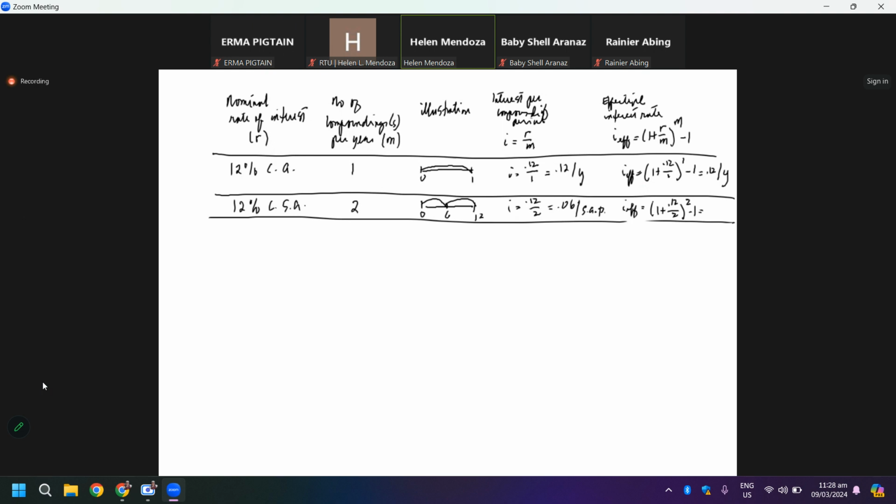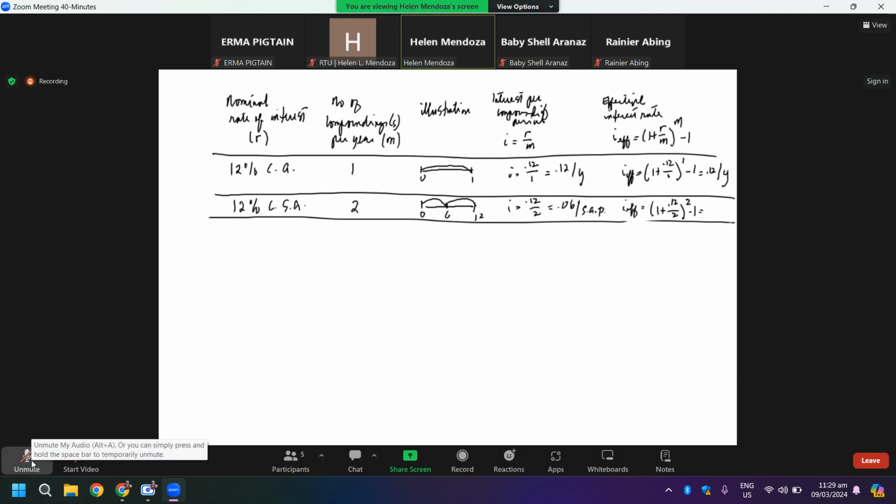Let me get my calculator. I think 12.36. 1 plus 0.12 divided by 2 raised to 2 minus 1. Point 1236.